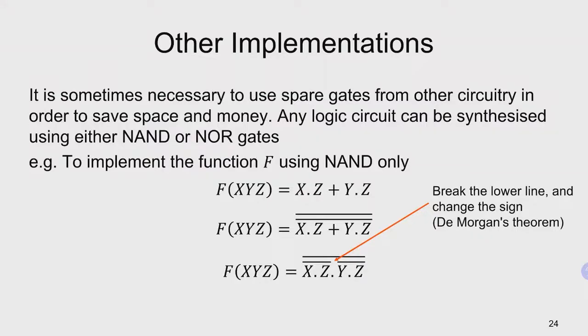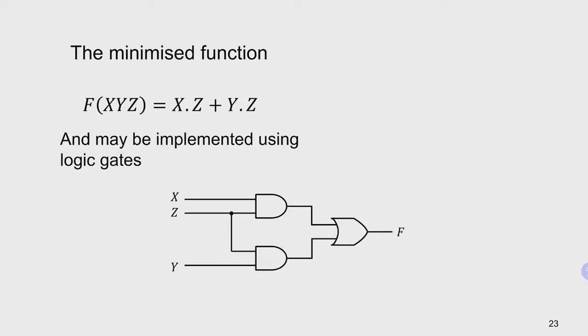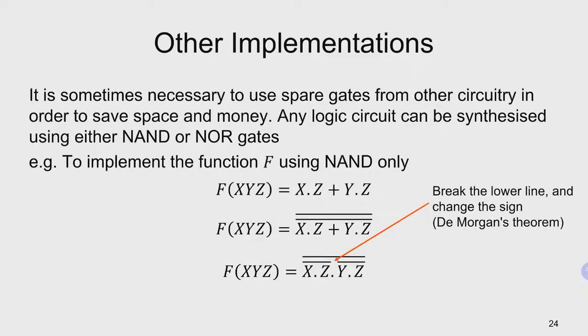So what I'm going to illustrate from this example is to look at other implementations. Instead of using the basic gates, your AND and OR gates, we can also implement this using our universal gates, such as a NAND gate or a NOR gate.